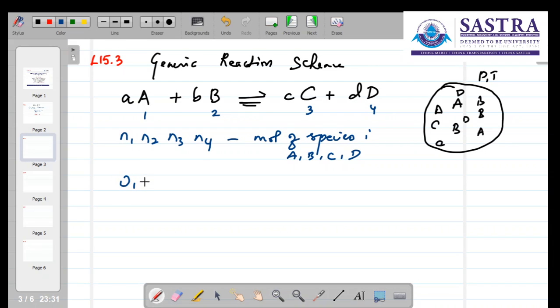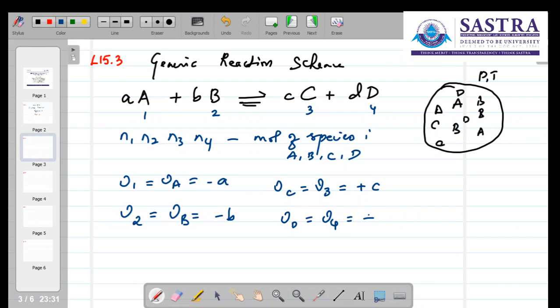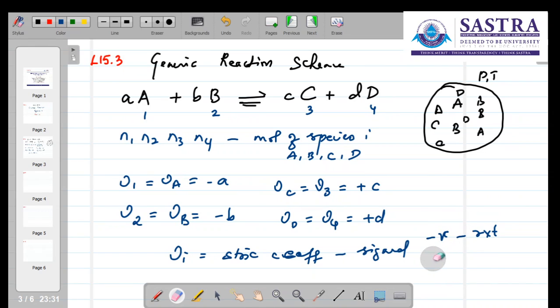The stoichiometric coefficient of species A is minus a, of species B is minus b, of C, the third species, is plus c, and of D, the fourth species, is plus d. Remember it's a signed stoichiometric coefficient: negative for the reactant species and positive for the product species.